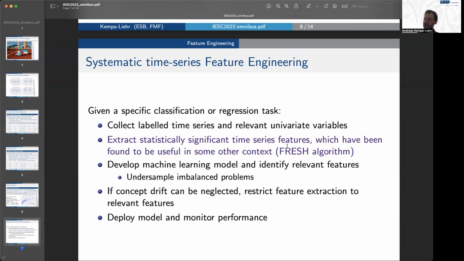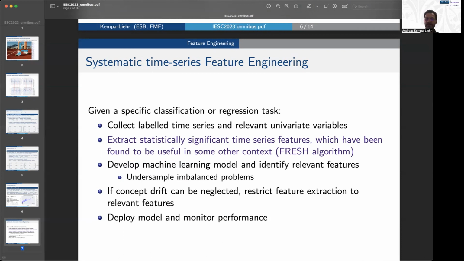The idea for computing the statistically significant features is basically using hypothesis tests and control of the false discovery rate, similar to the definition shown on the previous page. If we have this set of statistically significant features, we can develop a machine learning model and identify relevant features, because many of the extracted features which are significant will still be collinear, and so we want to get rid of the collinear features.